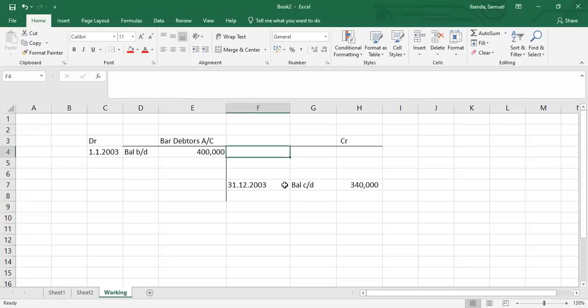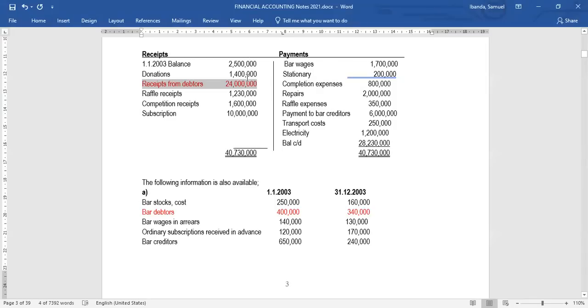So debtors account only increases when there are new debtors on board, okay? But it goes ahead to reduce when we receive payments from the debtors. So this receipt and payment that we have received from the debtors is supposed to be credited, okay? It's supposed to be credited.